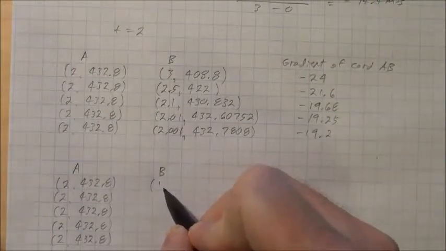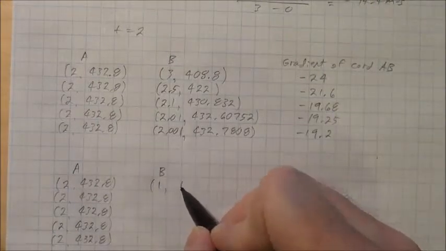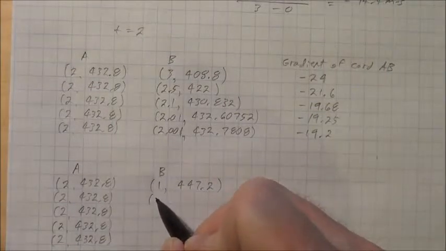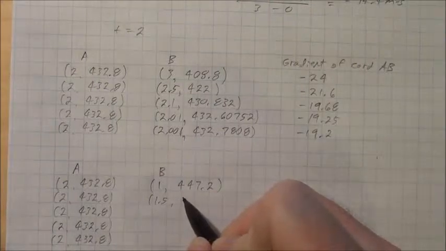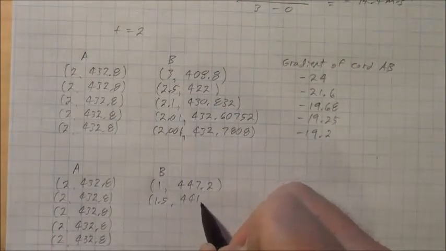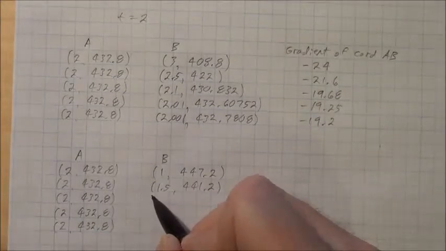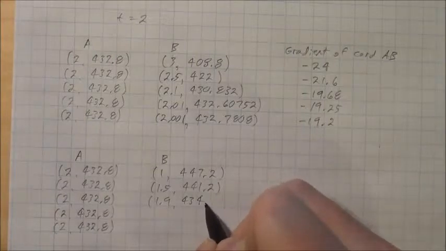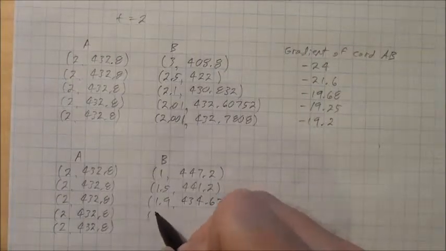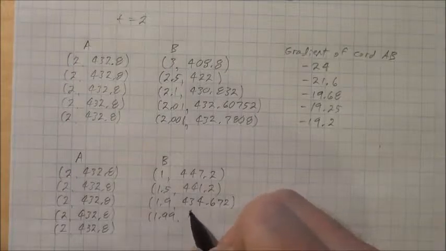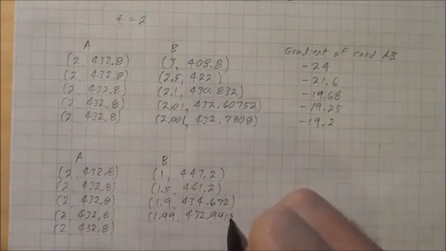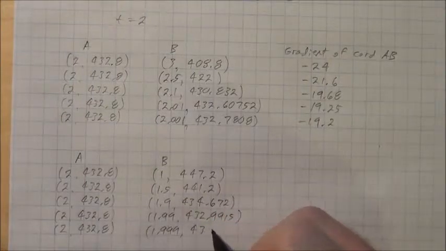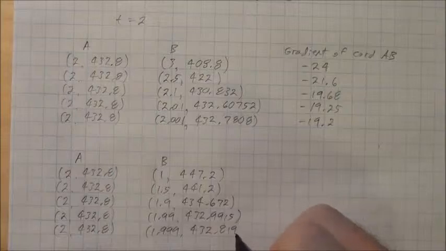I start at 1 second with a height of 447.2 meters, then 1.5 seconds, where I calculate 441.2 meters, then 1.9 seconds, 1.99 seconds, 432.9915, and 1.999 seconds, which gives a height of 432.8195.